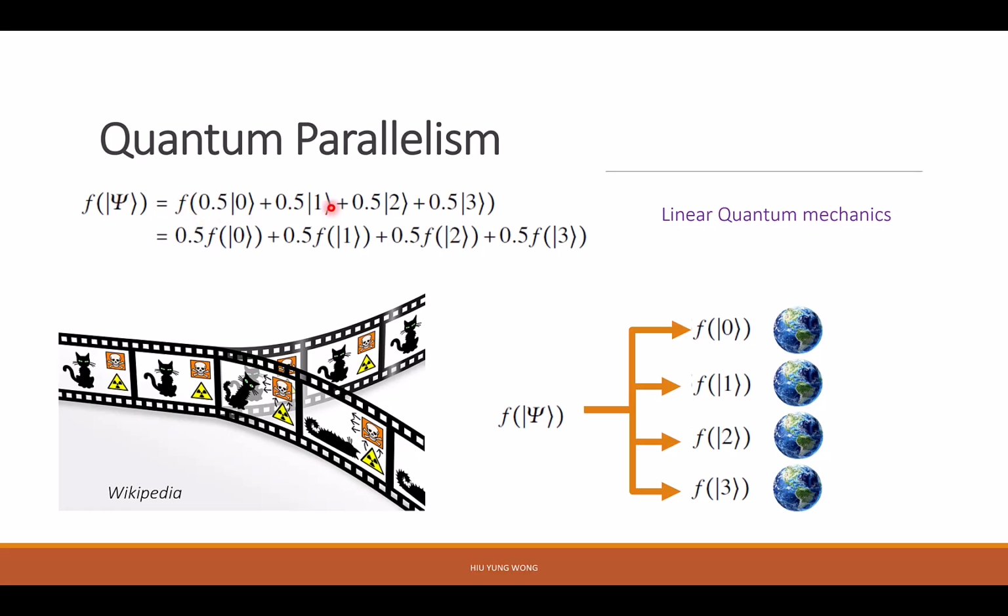Then I can distribute my function to them. So I just use one operation. I can perform the computation of F0, F1 all the way to F3 in one shot. Well, you have 300 electrons. I perform 2 to the power 300 computations in one shot. That is the quantum parallelism.